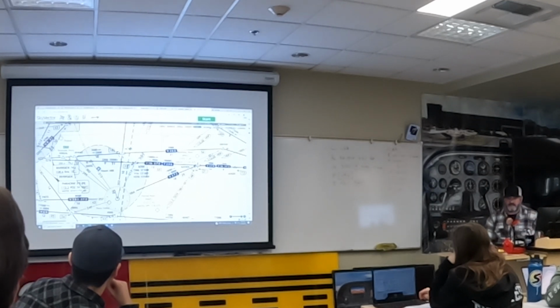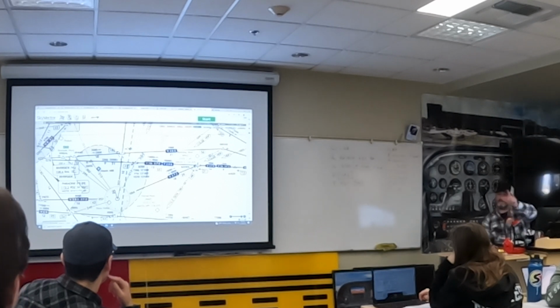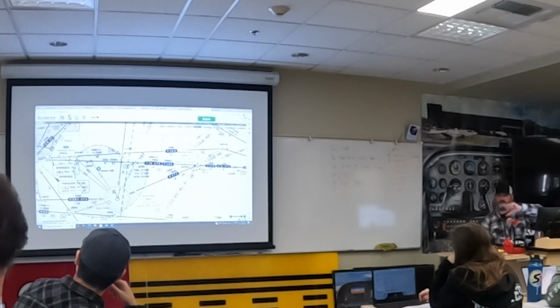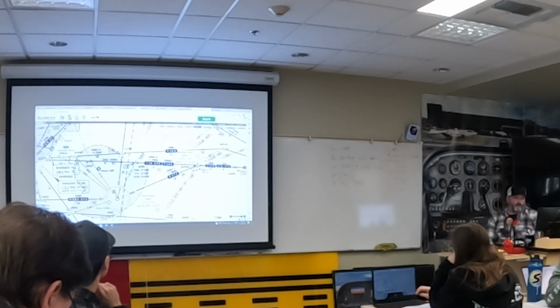It has two rings, but it also has the tack marks. So that one's joint use, civil military. Civilian instrument approach procedures published, military high altitude transition published, or radar minima for use of military or civilian field.